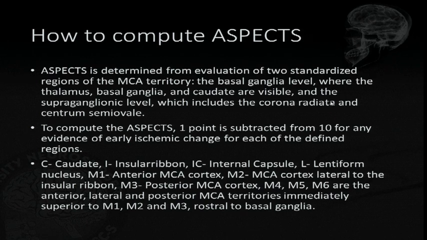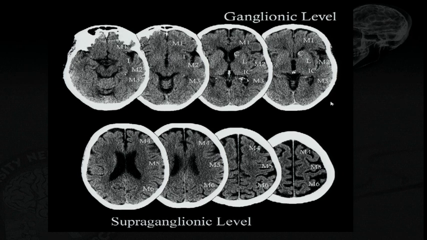There are 10 territories, and you look at the whole scan, but there are 2 levels you have to look at: the ganglionic level of the basal ganglia, and above that, the supraganglionic level. At the ganglionic level, you look at the caudate nucleus, the lentiform nucleus, the internal capsule, and the insula.